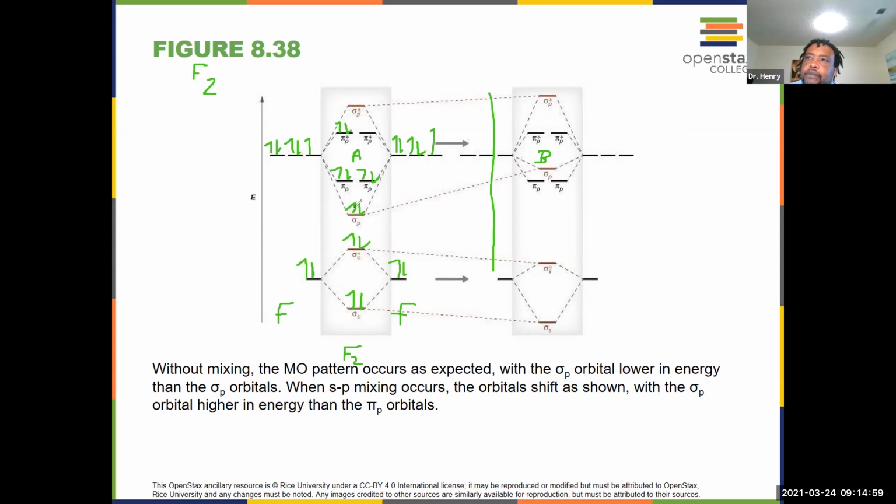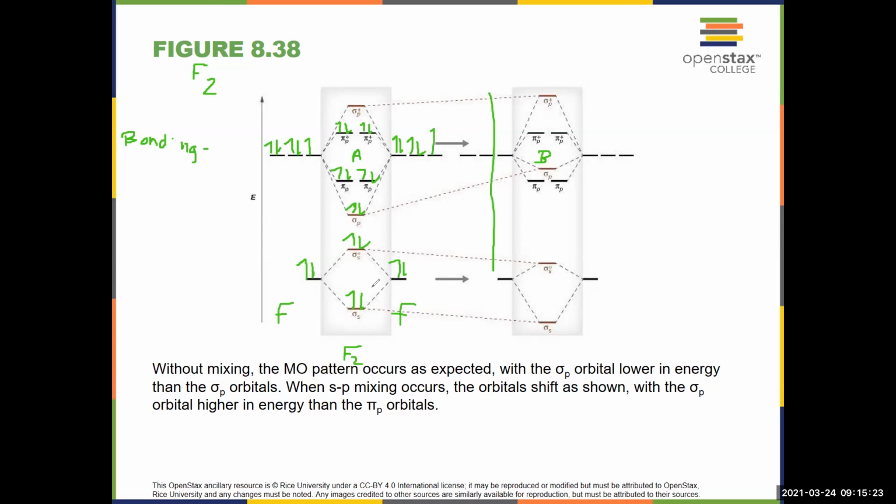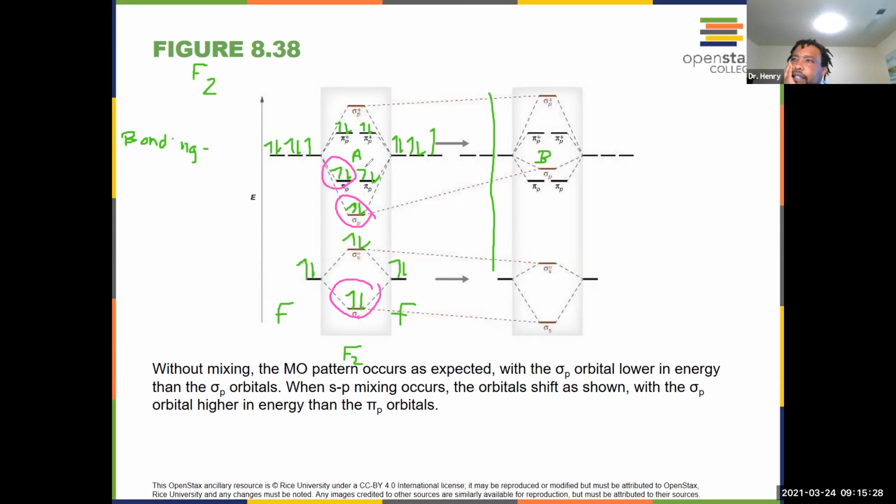Let's see, 1, 2, 3, 4. Okay. So bonding. How many bonding? 10? 1, 2, 3, 4, so that's 2, 4, 6, 8.